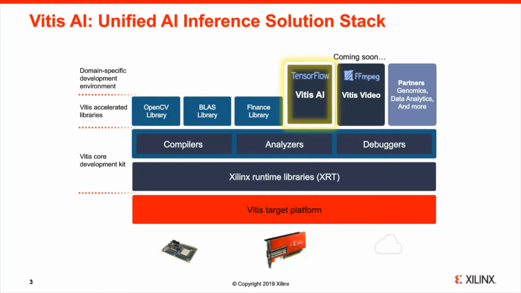Vitis is a development kit for software developers to do hardware development. The traditional FPGA users are more hardware developers. They know FPGA well, they know RTL, they know how to use hardware programming languages like VHDL and Verilog to do FPGA programming.